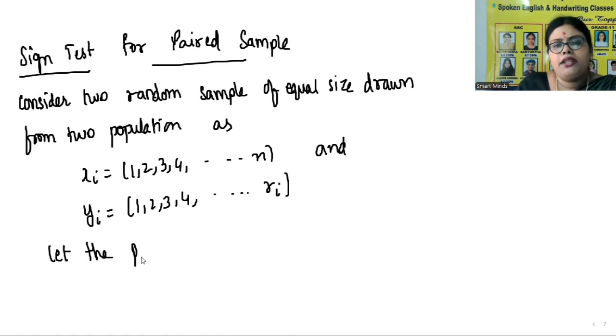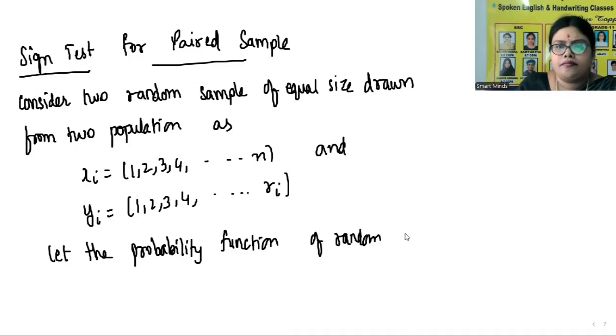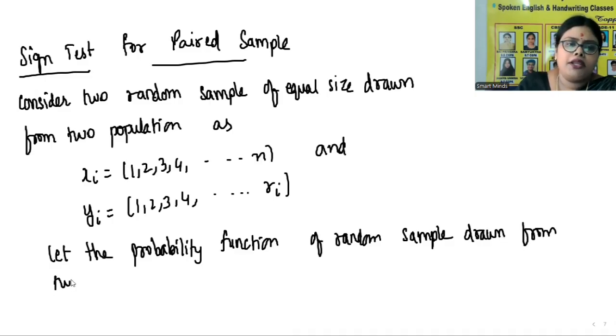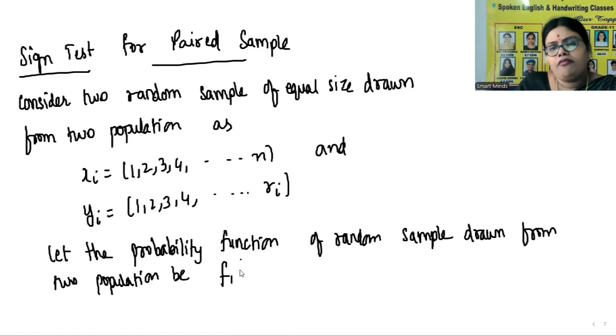Let the probability functions of the random samples drawn from the two populations be f1 of x and f2 of y.